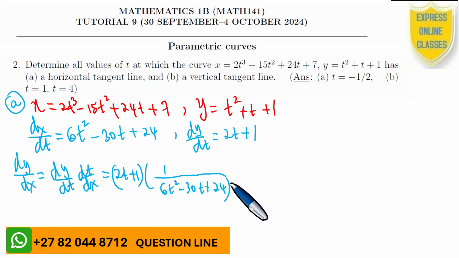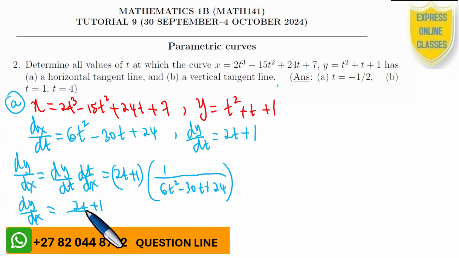So we have the following. If this is horizontal, you can write dy dx is 2t plus 1, divided by 6t squared minus 30t plus 24.